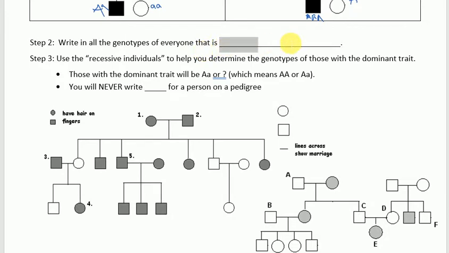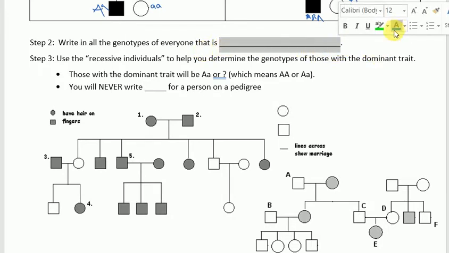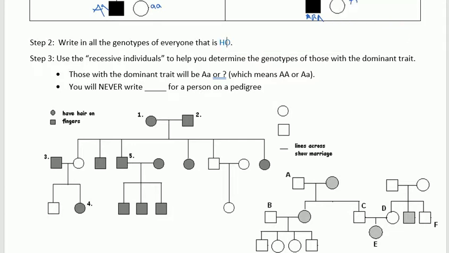Then you're going to write in all the genotypes of everyone that is homozygous recessive. Basically, your little a. And you're going to use those recessive individuals to help you determine the genotype of those with the dominant trait.